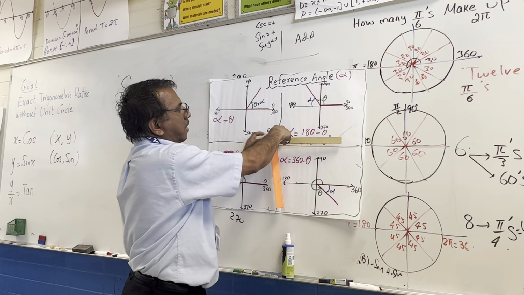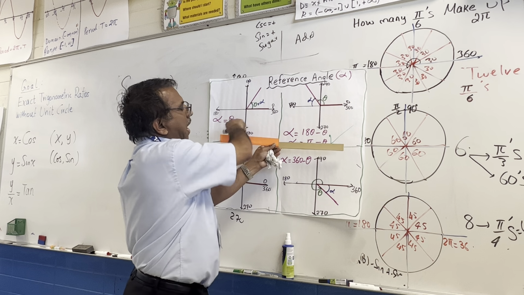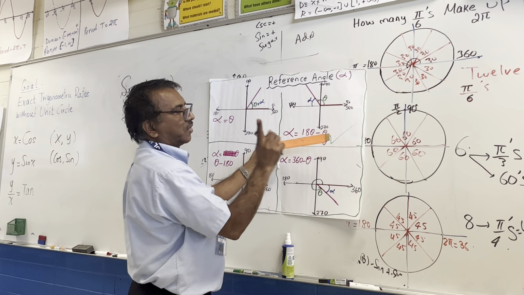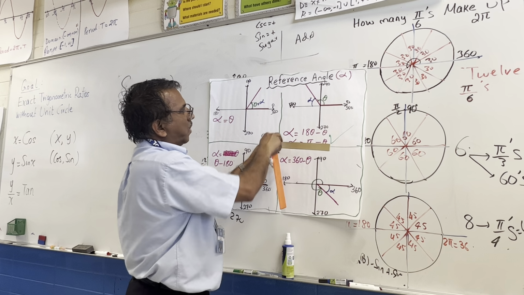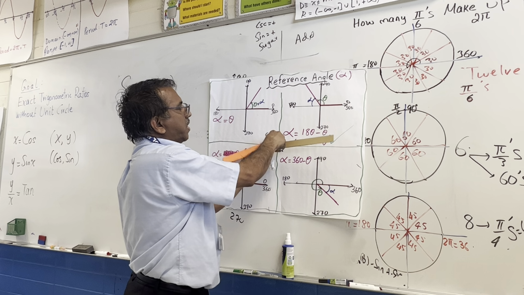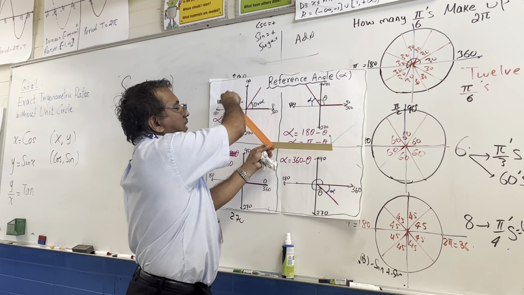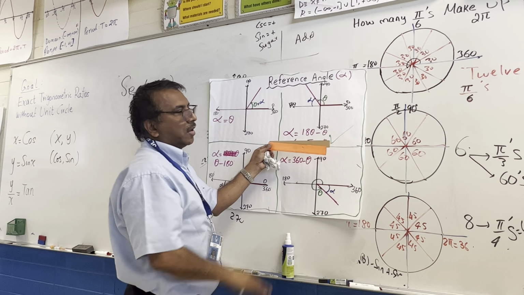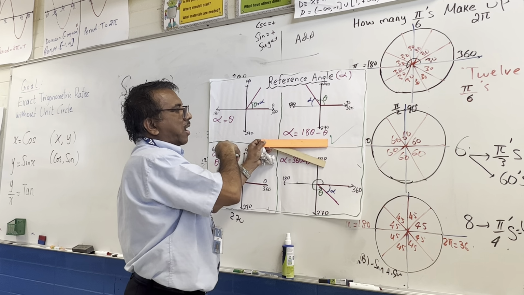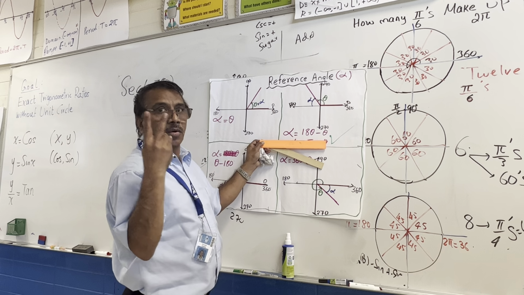If it goes once around, that's 360, one 360. Then it goes another 360, so two times, which is 720.